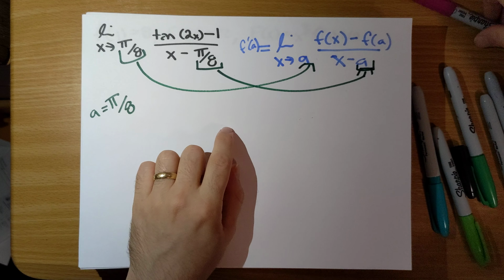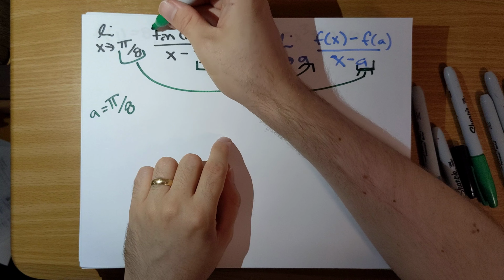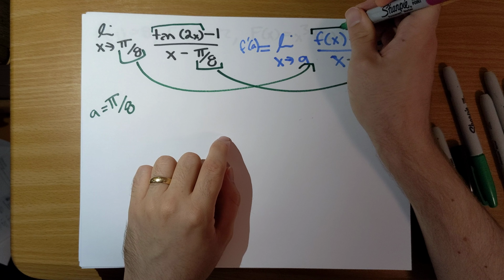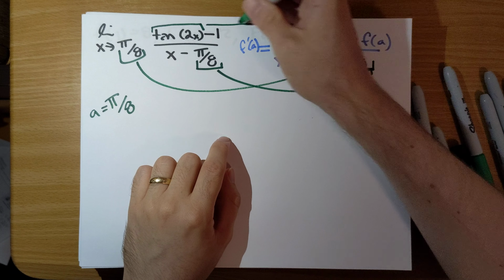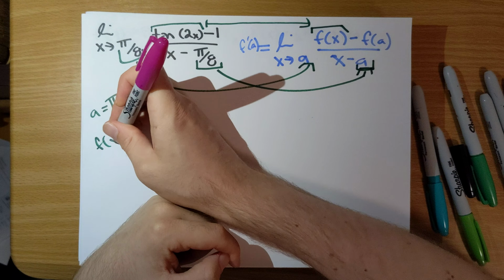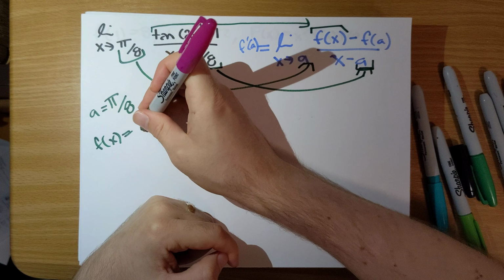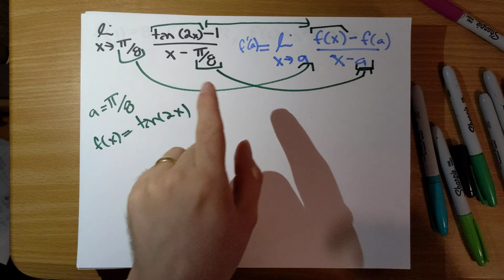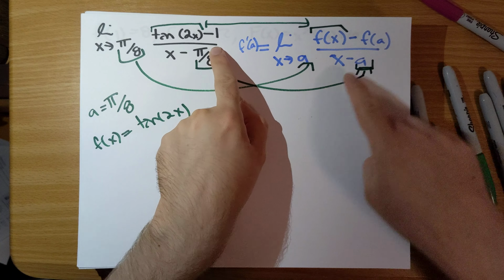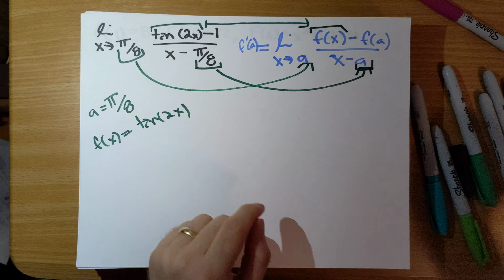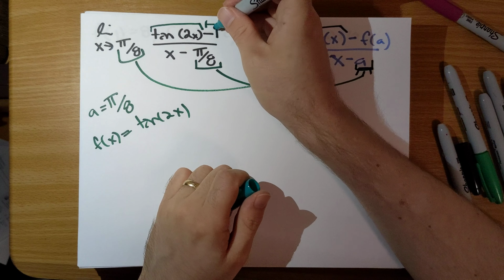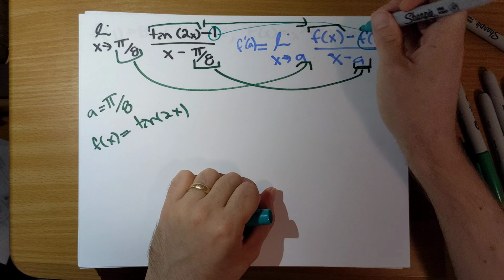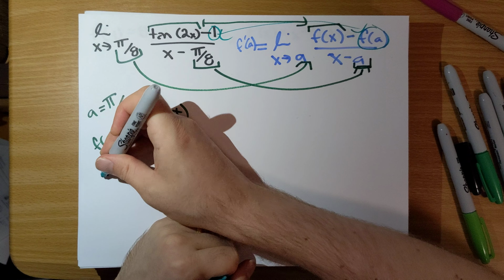Upstairs, tangent of 2x, this should be f of x. Let's check that. What's the check that we should be doing? This one value here should be f of a. So let's check that.